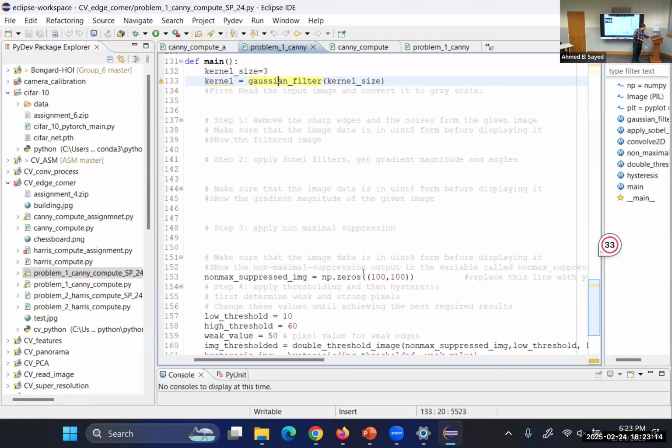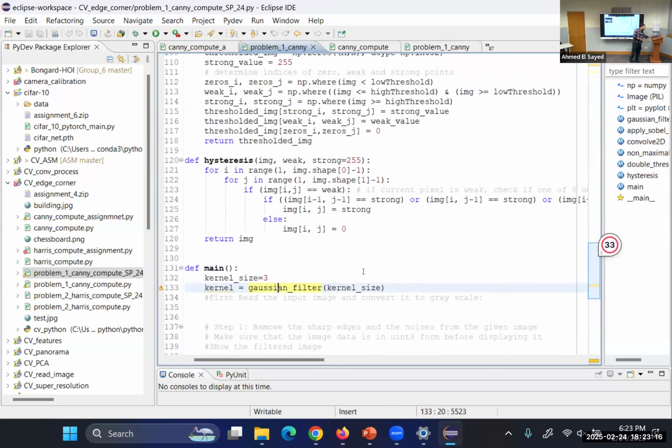Based on that, we will apply the hysteresis process, which will find the relation between the strong edge and the weak edge. Okay? If the weak edge is connected to a strong edge, in this case, the point will be an edge.